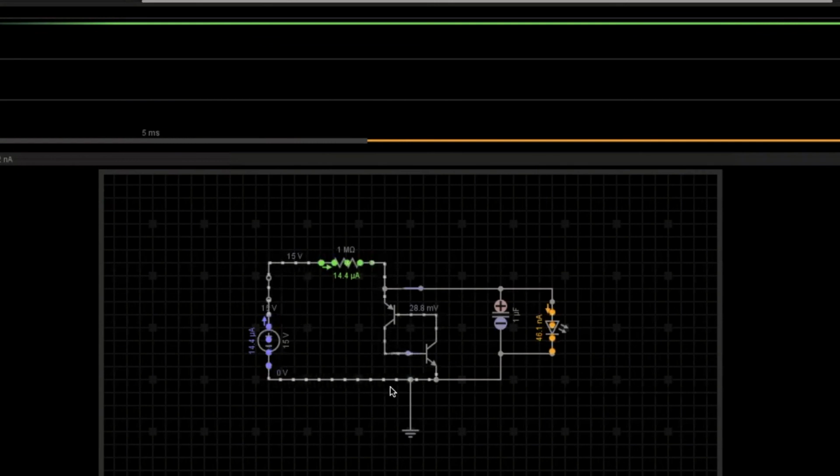So during the forward bias, this is the anode and this is the cathode. During the forward bias, the current will pass through the diode, so it will act as a switch.